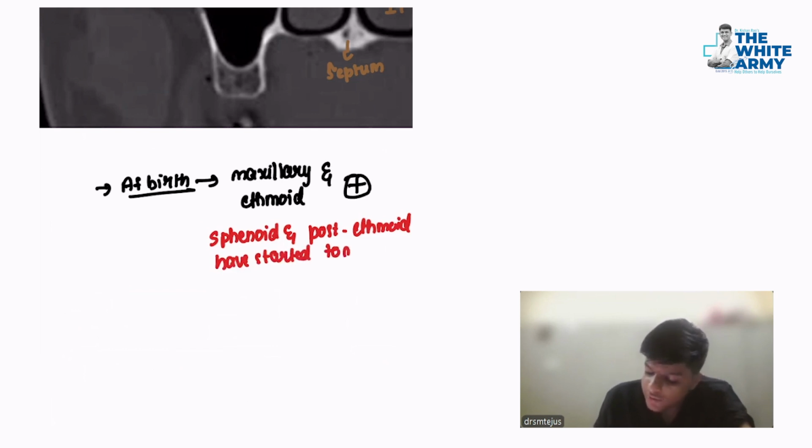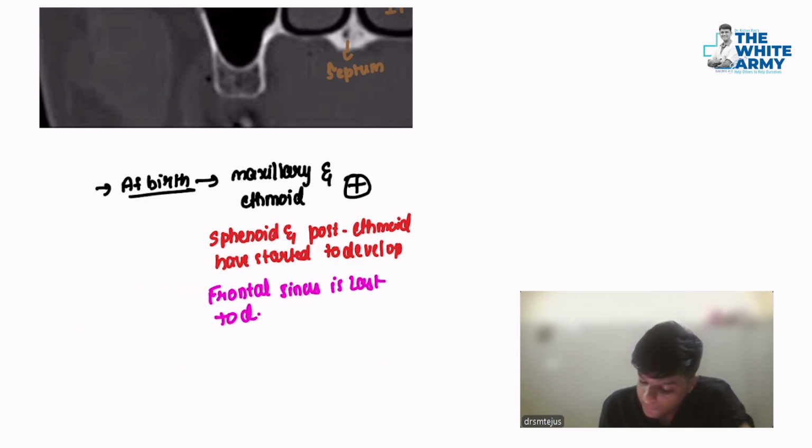But the frontal sinus is present only by middle age. Frontal sinus is the last sinus to develop. We will go through this question when we discuss anatomical aspects in ENT, but as of now, we should know this.